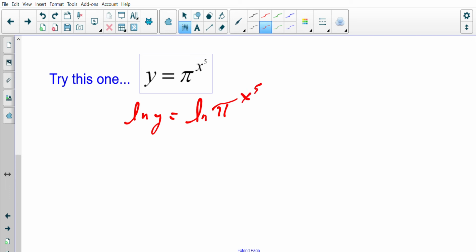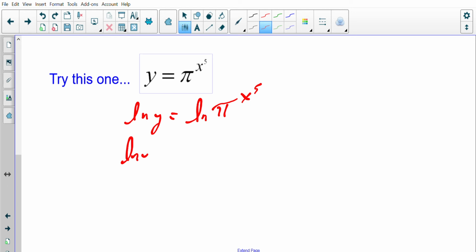Okay, so I'll take the log of the right side. Oh, I shouldn't have started to take the derivative yet. Let me try that again. So what I'd want to do is multiply by x to the 5th here first.